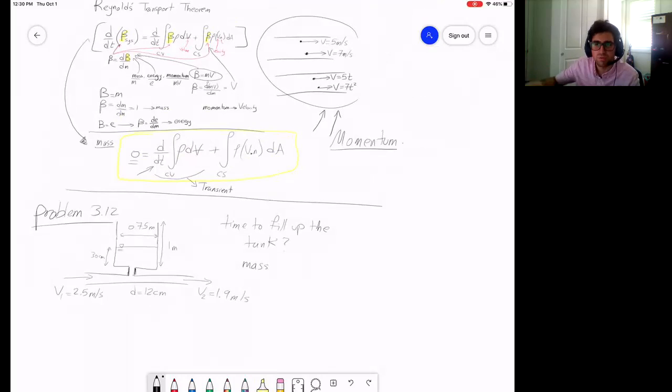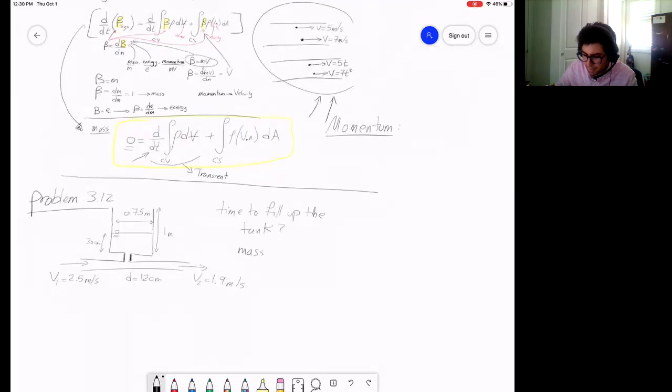Let's do this before we jump into the problem. Do you guys have the equation for momentum, or should I write it down? I don't think we have the equation. Wait, maybe we do. Yeah, you can double check.